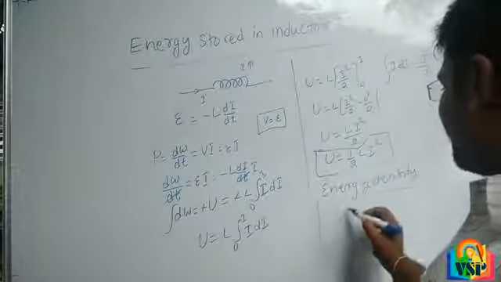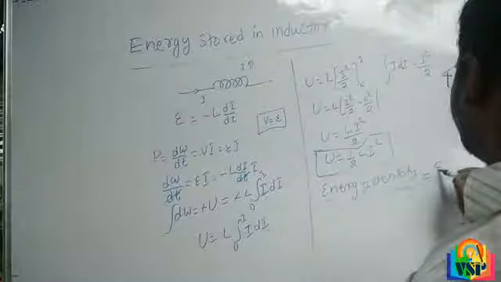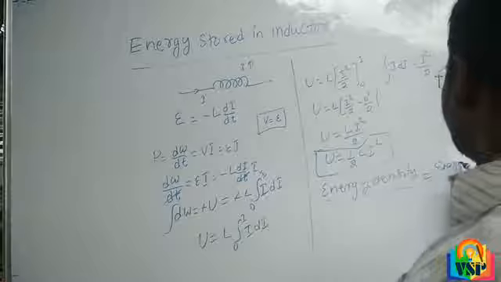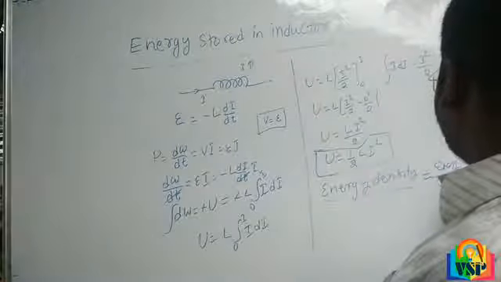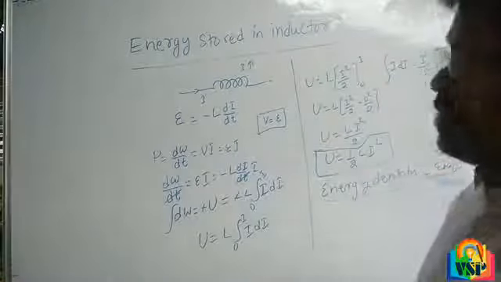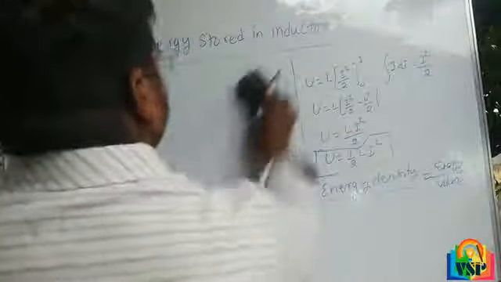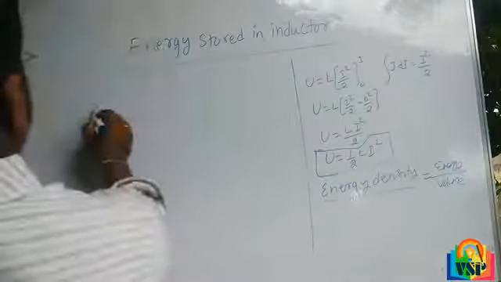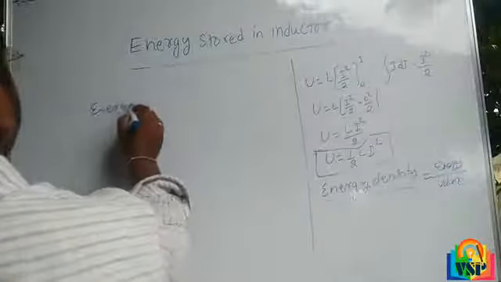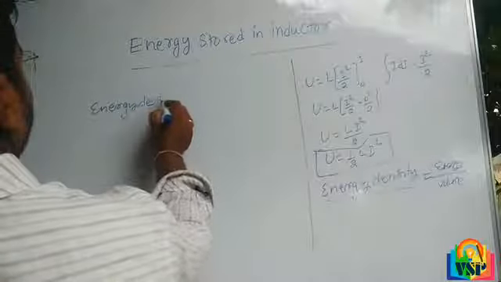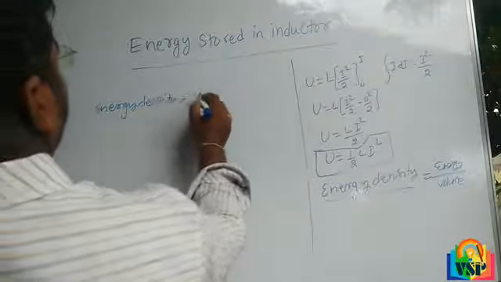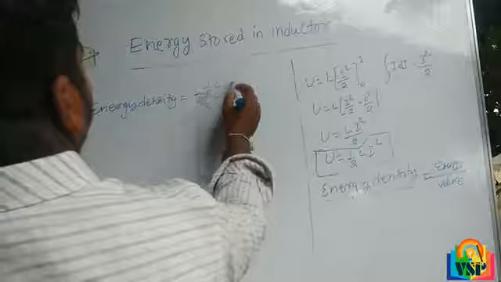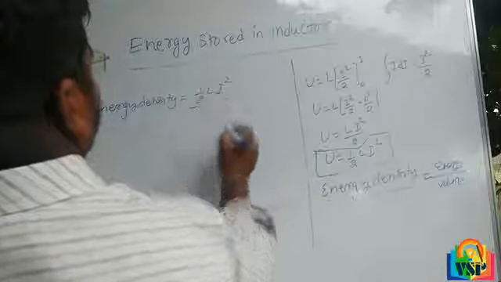So energy density is equal to energy by volume. Energy density is equal to 1 by 2 L I square divided by area into length.